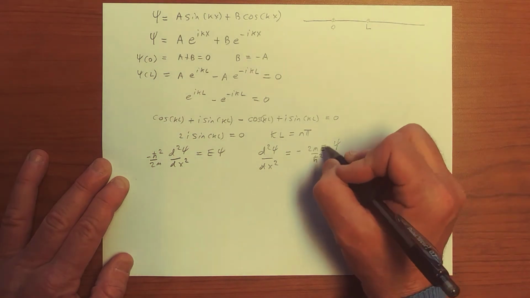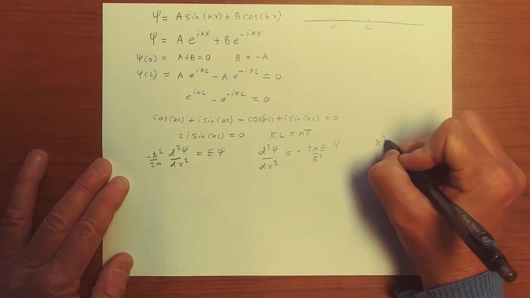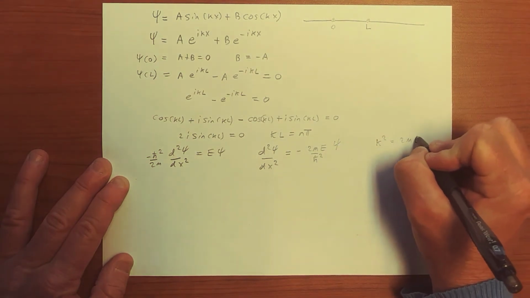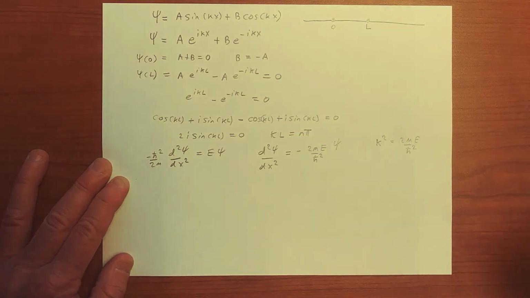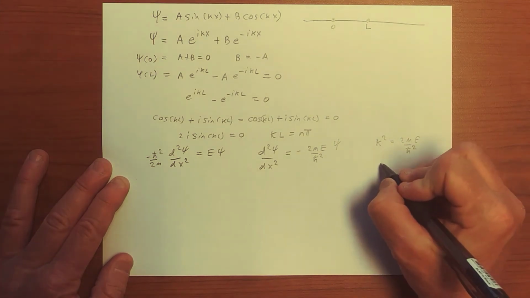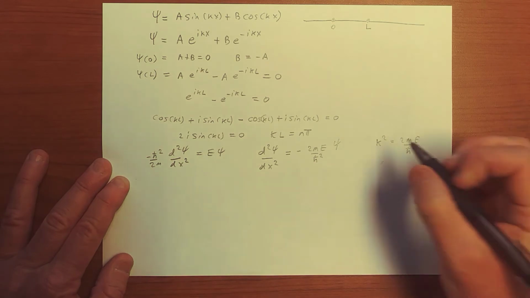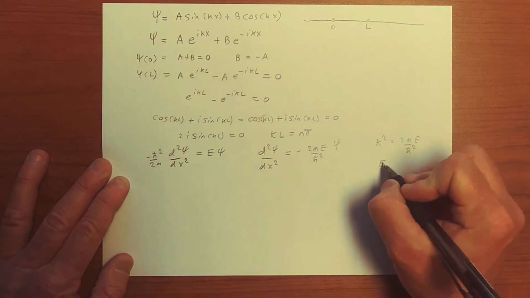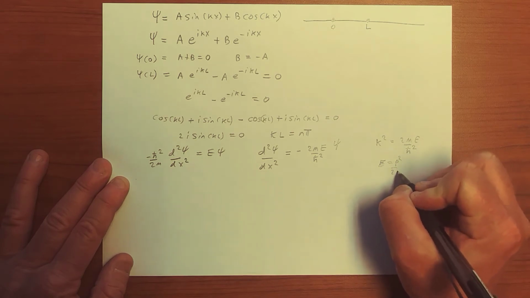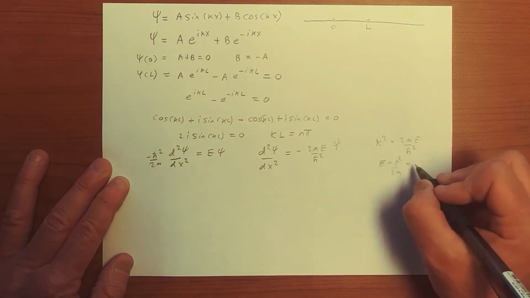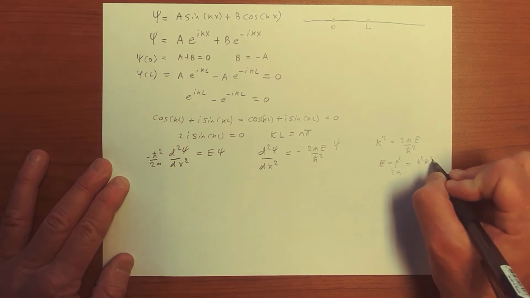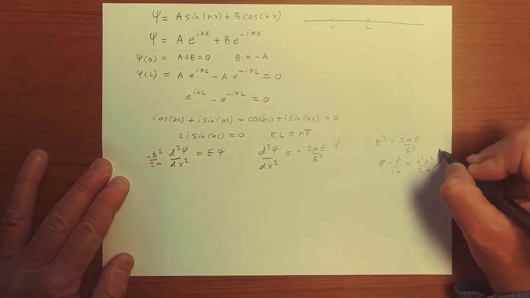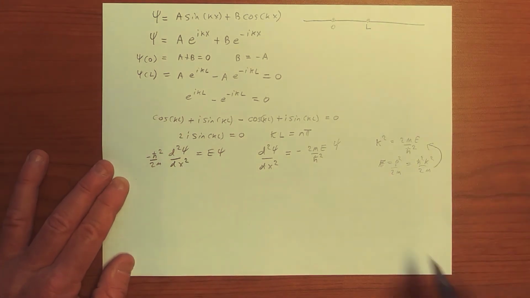And this quantity here is just k squared. So k squared is equal to 2mE over h bar squared. Right, that just comes from E equals p squared over 2m for the free particle, and p is h bar k, so we get h bar squared k squared over 2m, and hence that quantity, and so that's why the k is there.